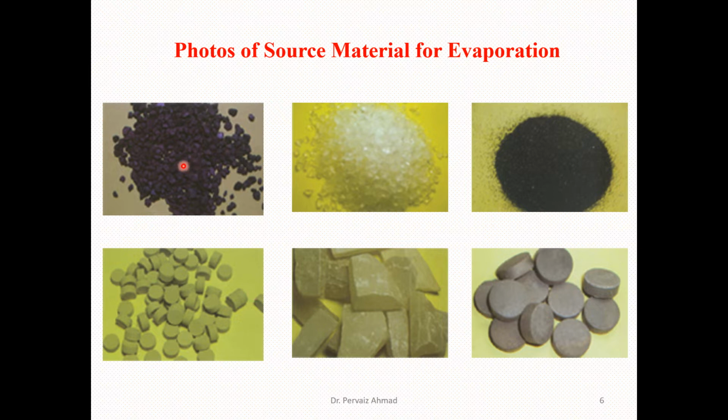We can utilize the source material in the form of grains, like sugar palm, in small powder, in powders, in salt rock forms, and similarly in tablet form. Here you can see this structure, which looks like some sort of pellet. These are the different types of source material, and this is how we can utilize the source materials when we normally perform the evaporation process.